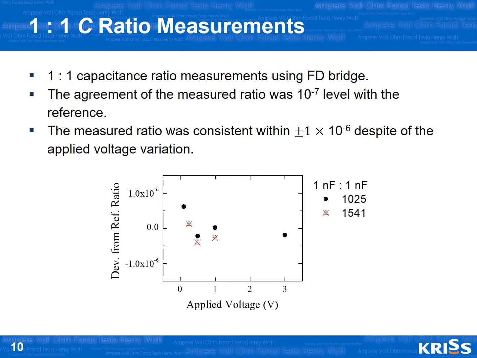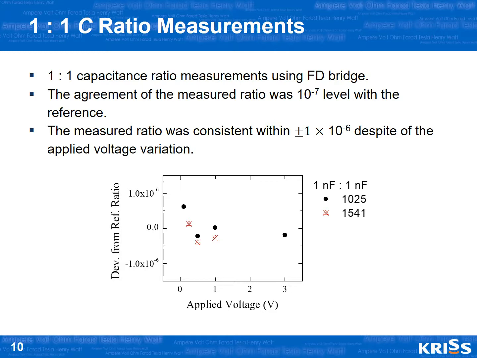Next, the 1:1 capacitance ratio was also measured by the fully digital bridge. We measured the 1 nanofarad to 1 nanofarad capacitance ratio against the applied voltages at two frequencies of 1 and 1.541 kHz.